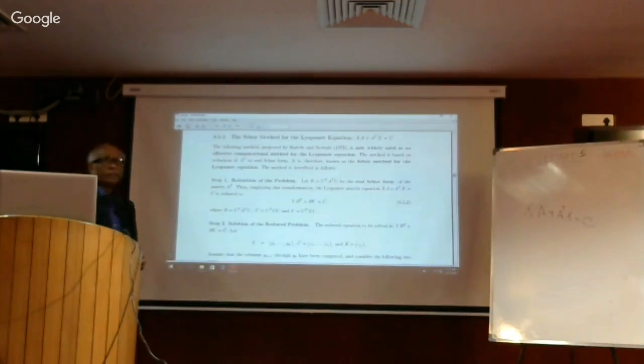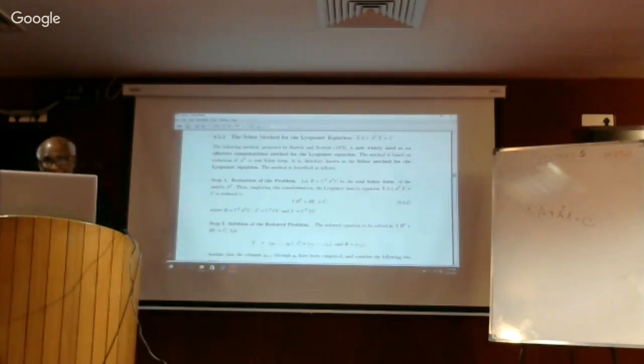Well, the natural thing to do is to transform the matrix A or A transpose to a convenient form, right? To a form which is much simpler than the matrix A itself.